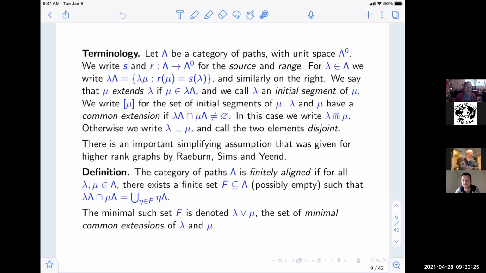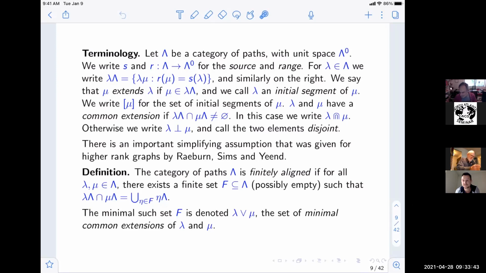Those are the minimal common extensions of lambda and mu. So any two elements have a finite set of minimal common extensions. Every common extension extends some minimal common extension. Of course, if the two elements we started with are disjoint, then the set F would have to be the empty set.